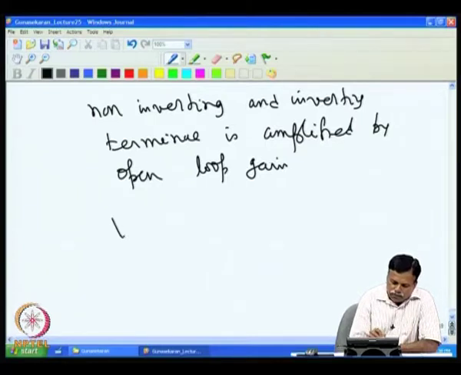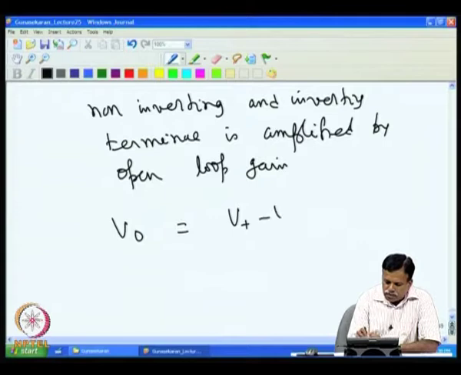Other way around, V0 is actually nothing but (V plus minus V minus) times the open loop gain.